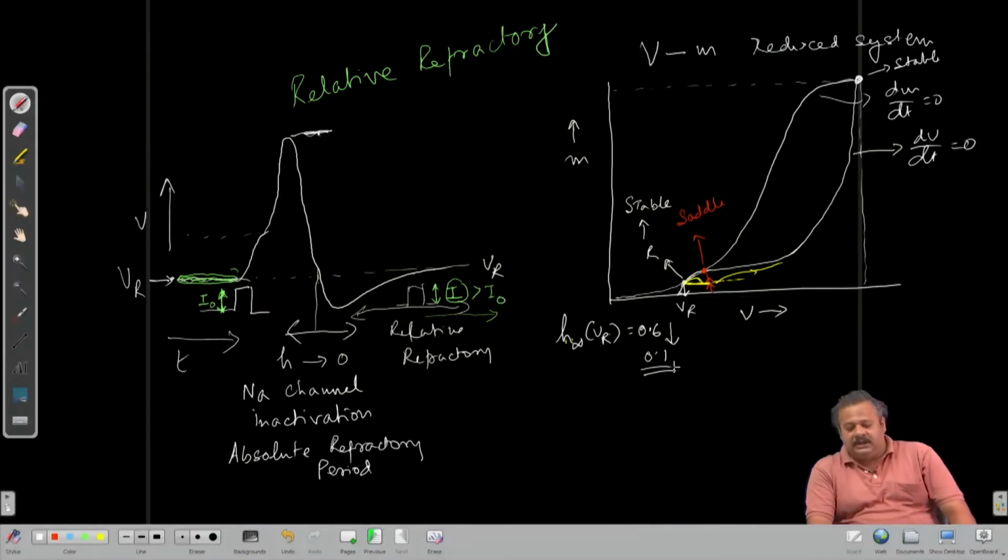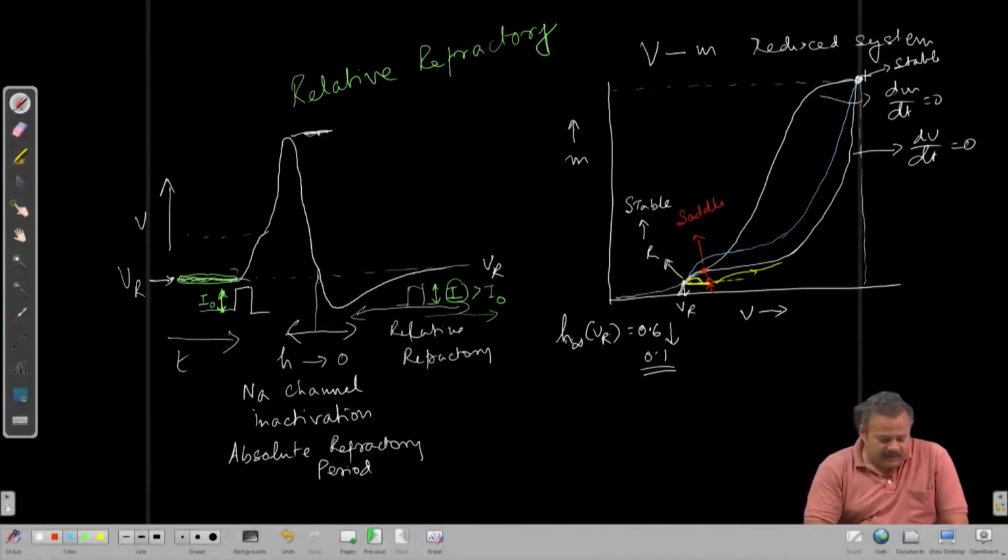What we will see is that there is a shift upwards in the dV dt nullcline. Essentially, we have the resting membrane potential, this stable node, almost at the same place, whereas the saddle node shifts and is still a saddle at a higher voltage.